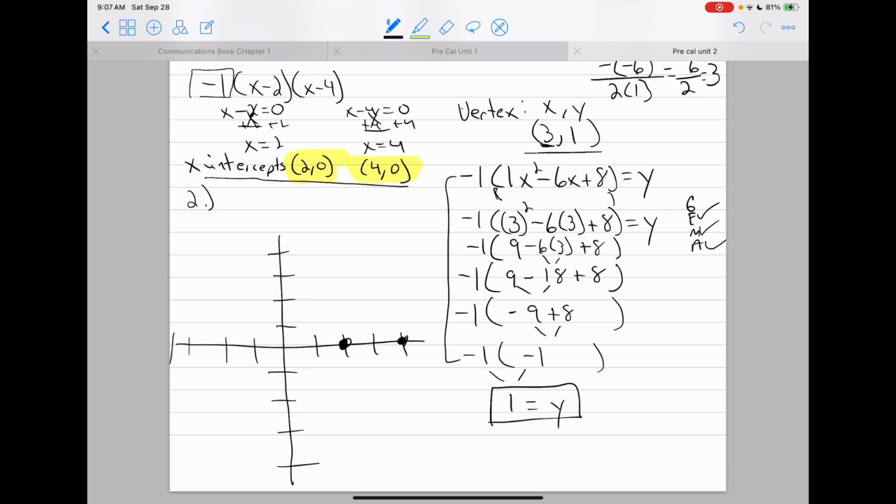My vertex is at 3, 1. X is 3, y is 1. Look at that. If that's the vertex, that means this parabola is pointed down, and it looks like this. There it is. There's everything. We are done.